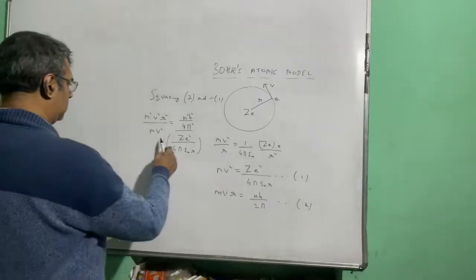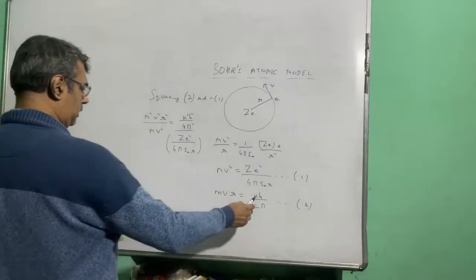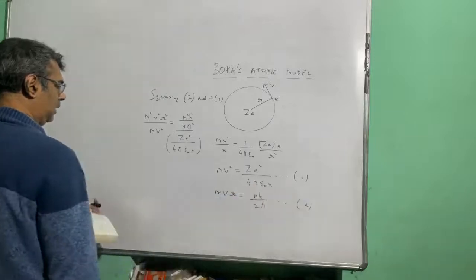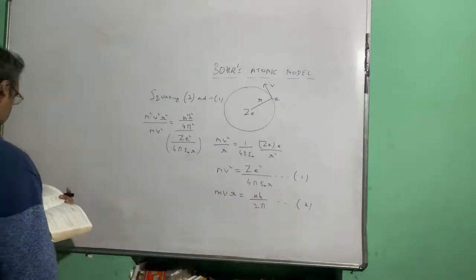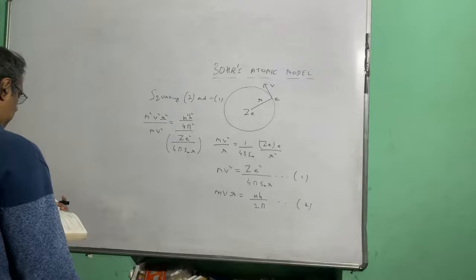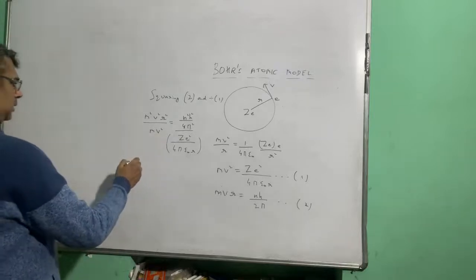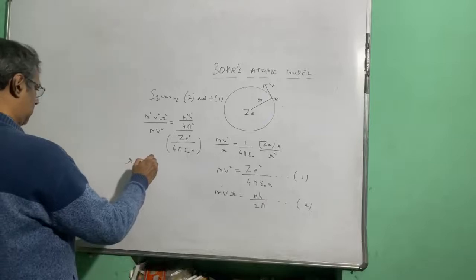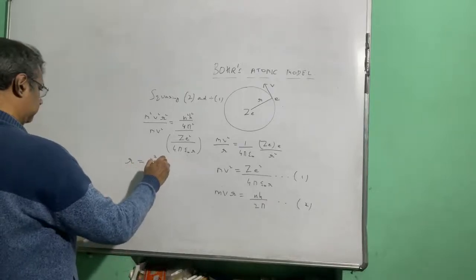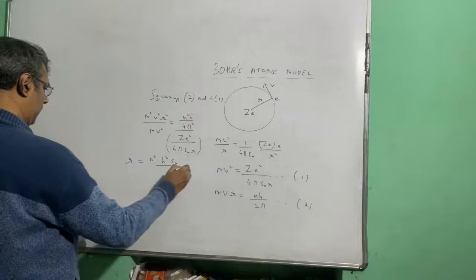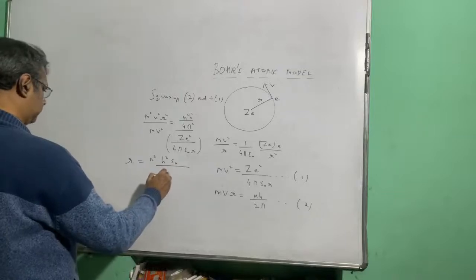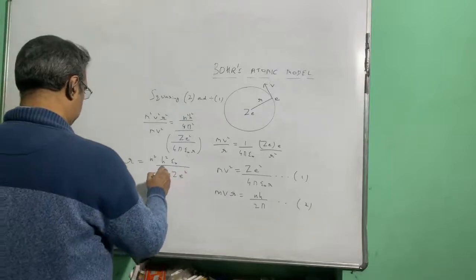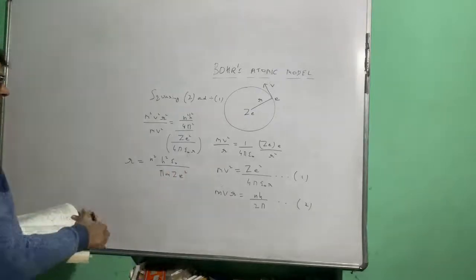Dividing by mv square is equal to n square h square by 4 pi square, divided by Z E square by 4 pi epsilon naught r. This will give you r is equal to n square h square epsilon naught by pi into m into Z into E square.